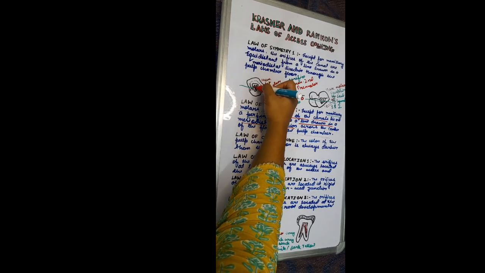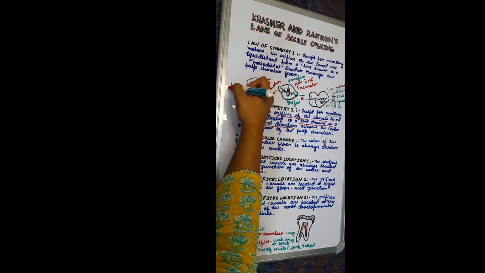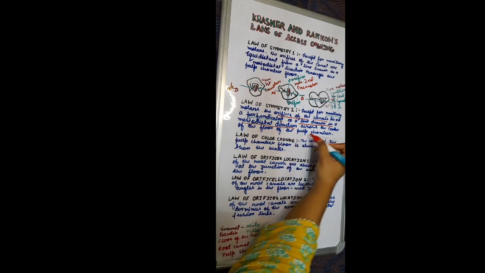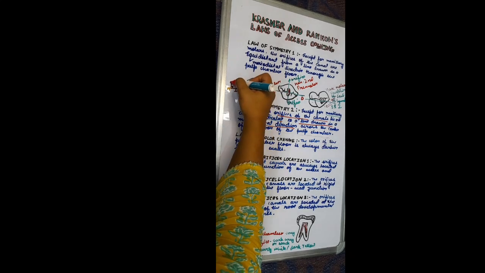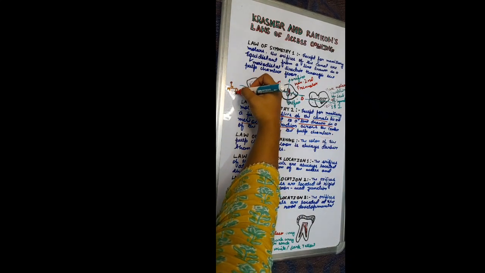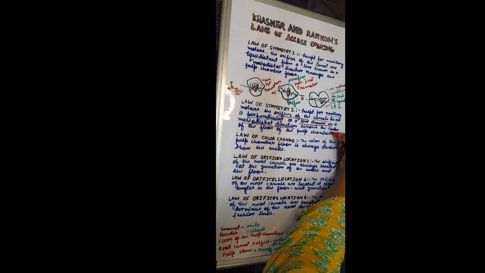Perpendicular means 90 degrees, and this is the line drawn in a mesiodistal direction and this is the orifice of the canal. So the law of symmetry 2 says that except for maxillary molars, the orifices of the canals lie on a perpendicular to a line drawn in a mesiodistal direction across the center of the floor of the pulp chamber.